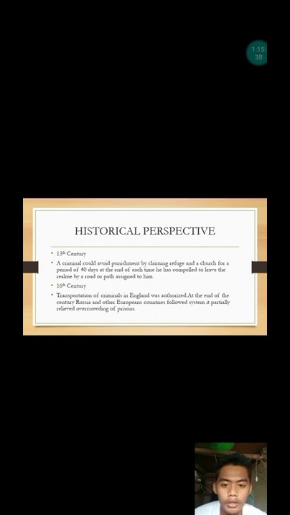Russia and other European countries followed the system, which partially relieved overcrowding of prisons. In the 17th and 18th centuries, the death penalty became prevalent as a form of punishment. So this was their main punishment, the death penalty.